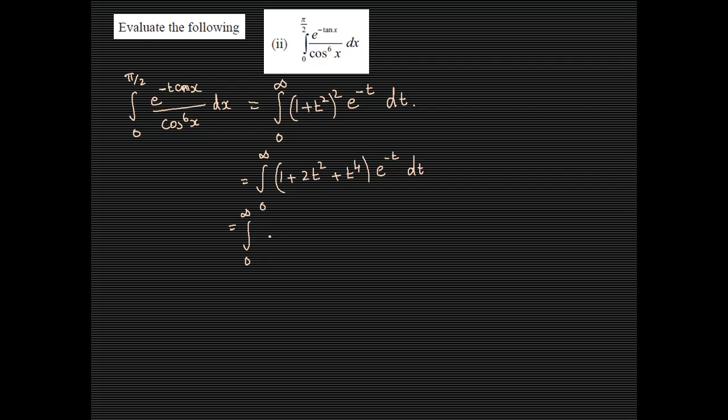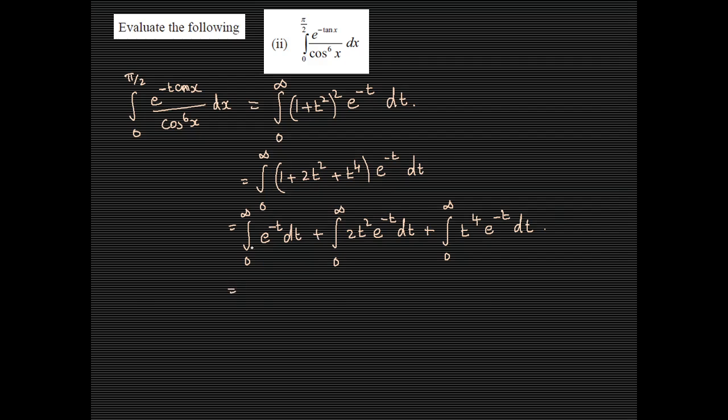So multiplying e power minus t into dt, plus integral 0 to infinity 2t square e power minus t into dt, plus integral 0 to infinity t power 4 e power minus t into dt. Okay, so I'm just multiplying this e power minus t with all these terms.